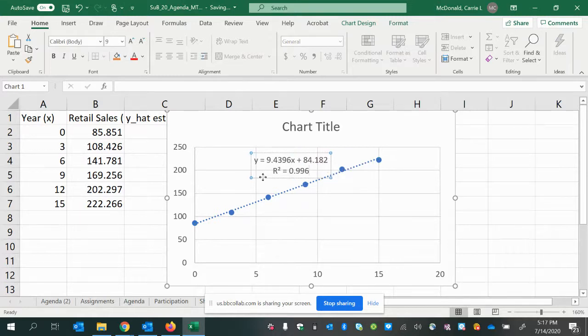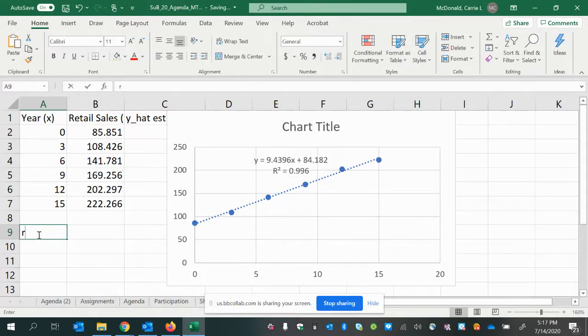So now I know what my R squared is: 0.996. That describes the percentage of the changes in retail sales that can be explained by the year.